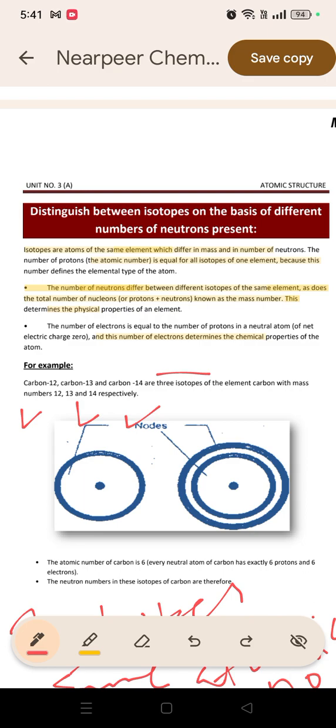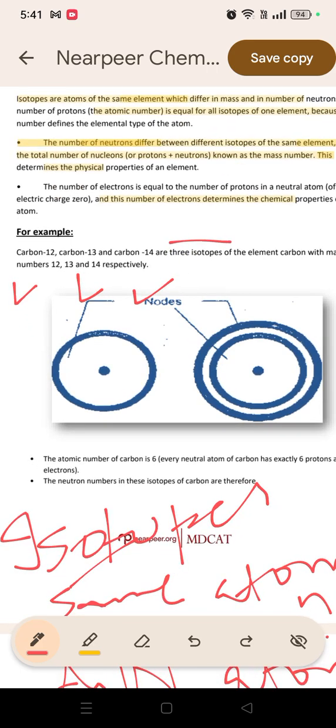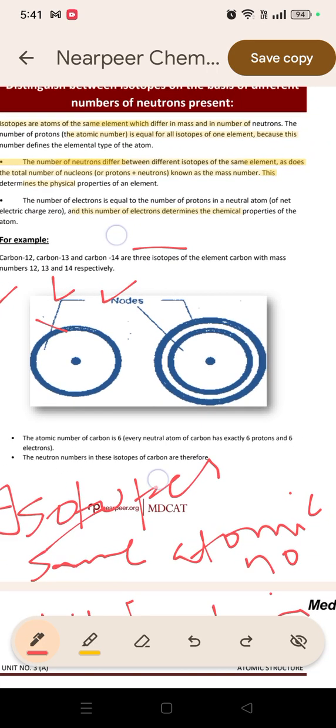The atomic number of carbon is 6 everywhere, wherever you use carbon. The atomic number is the same, 6, for all carbon, and it has 6 protons plus 6 electrons.